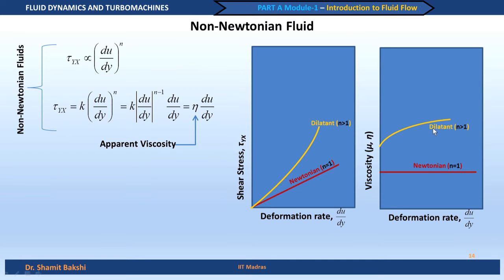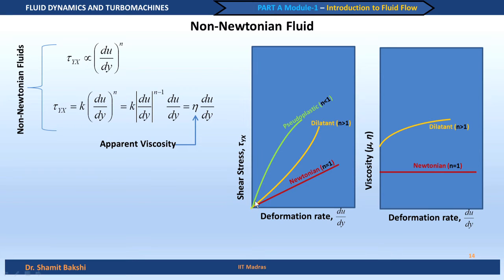The other possibility is that where n is less than 1, that means you have a situation here where the shear stress with deformation varies non-linearly, like what is shown here, and the slope of this curve decreases with increasing deformation rate.